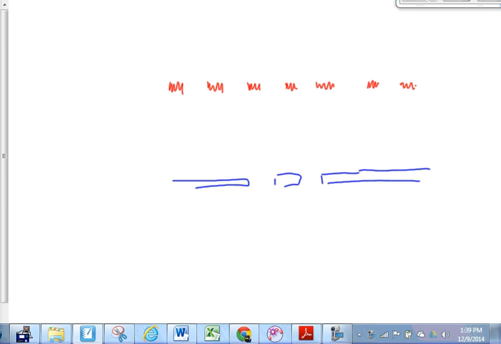I want to draw this out again. Bright spot, dark spot, bright spot, dark spot. That's my screen. Here's my openings. Okay, this is going to be our central maximum, 0, 1, 2, 3, 0, 1, 2, and so on.